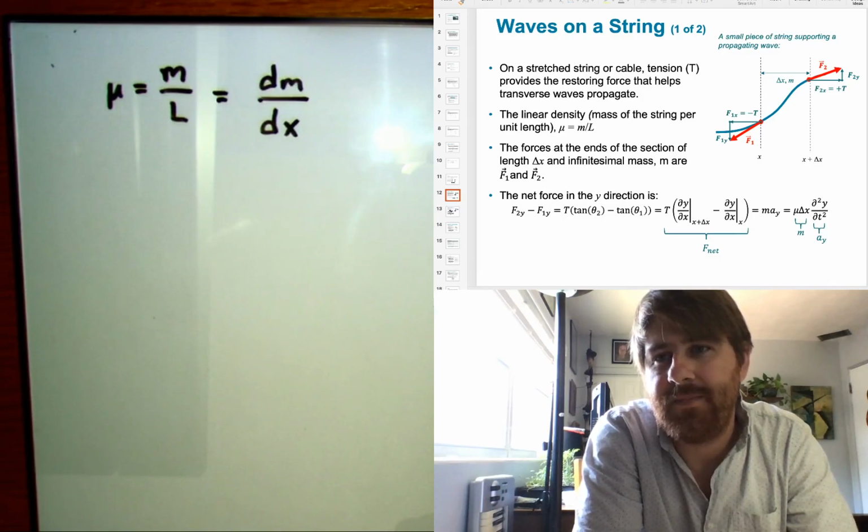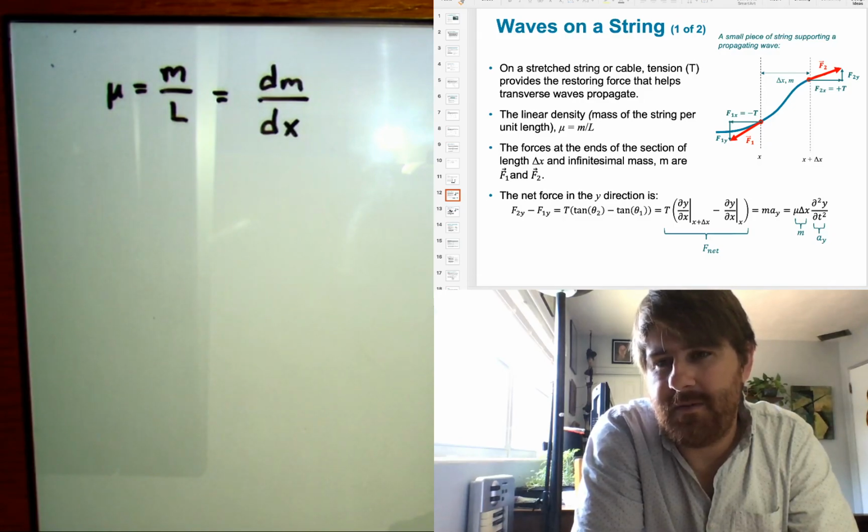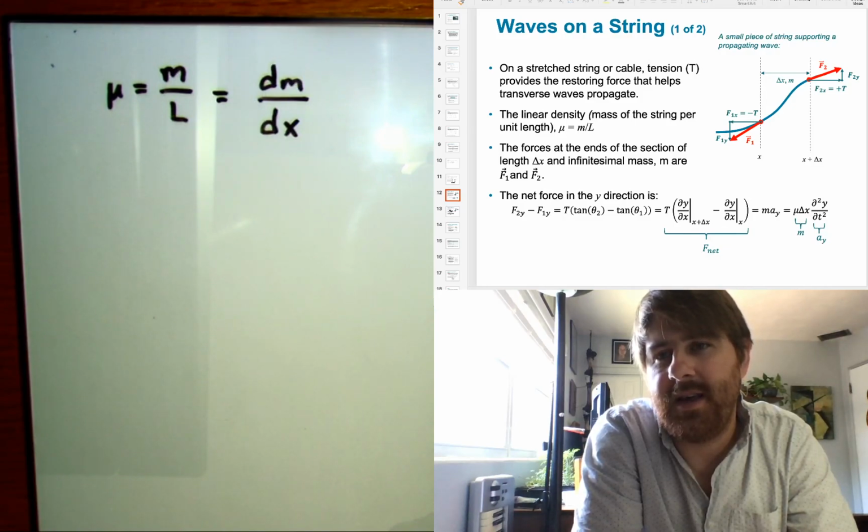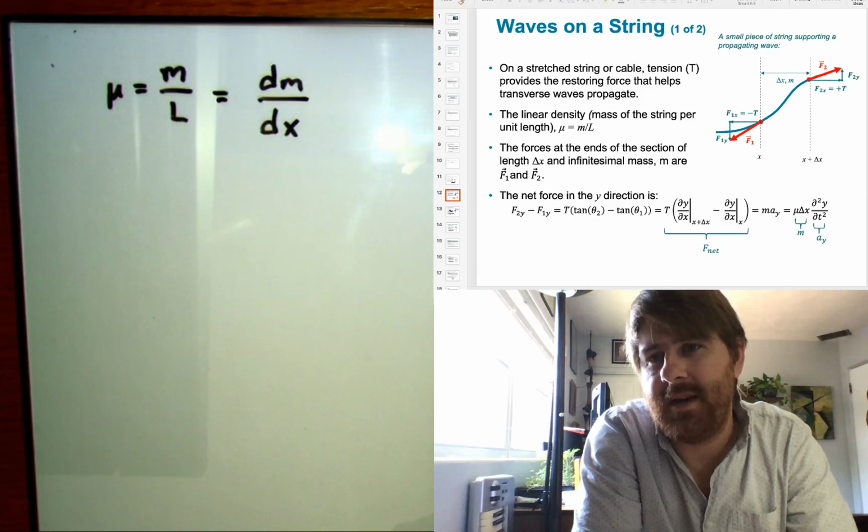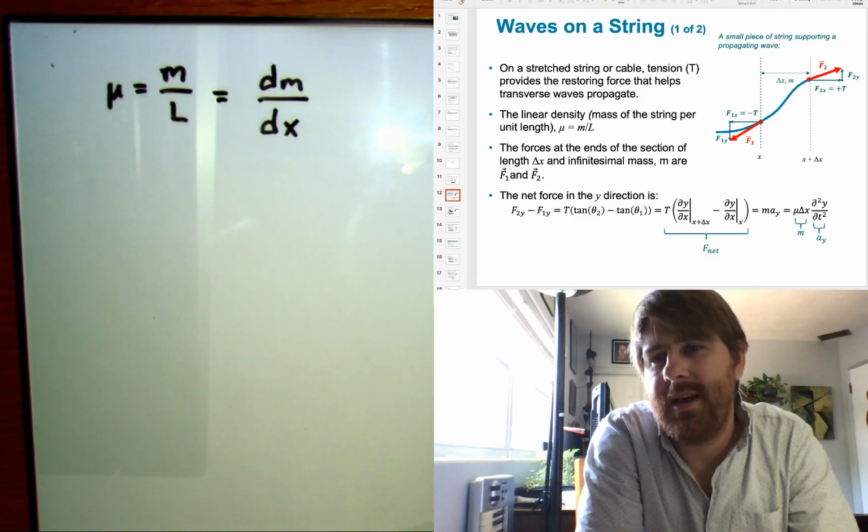Call that T. So the x component of the force is the tension, and the y component of the force depends on the neighboring parts of the string pulling on it. So we don't know what the y components of the force are at the ends of this little bit of string, but we do know the x components. They're just the tension in the string.